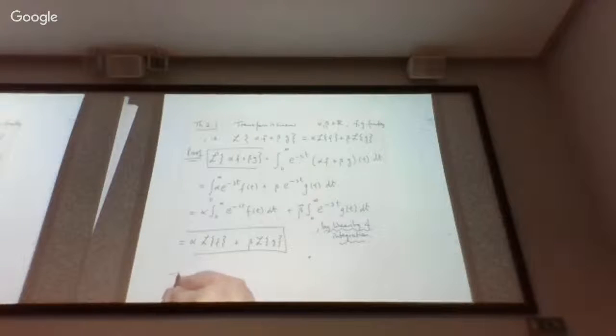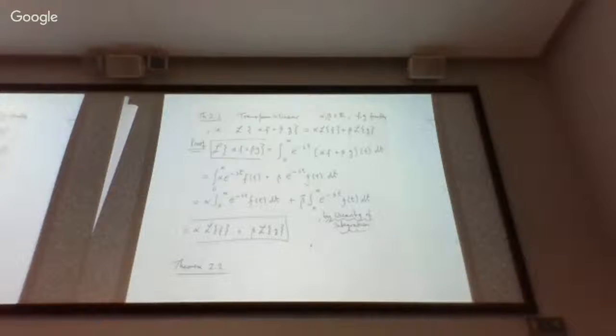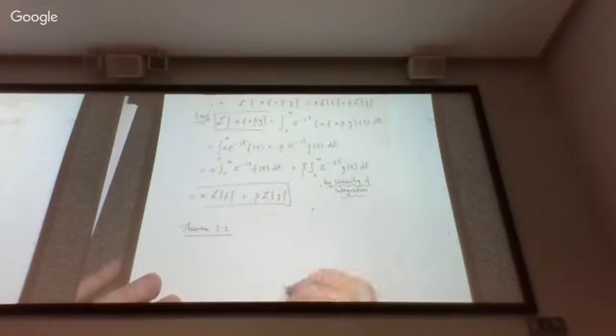The next property, theorem 2.2, refers to derivatives of the transform. It's stated there in the notes in one way, but let's state it a slightly different way.